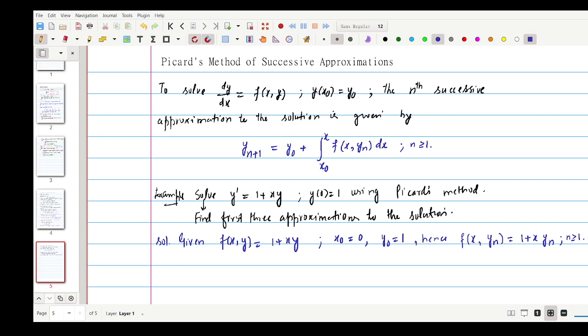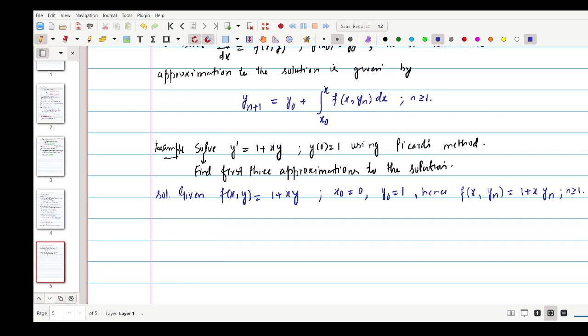Now we can define the approximation step by step. So let's move towards writing down the first approximation, which we shall denote by y1.